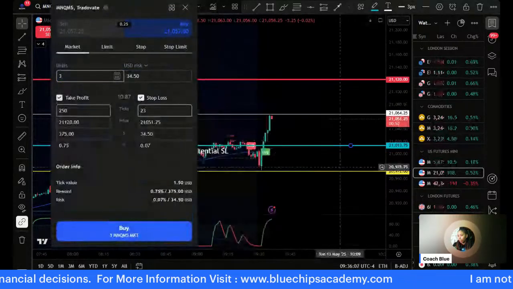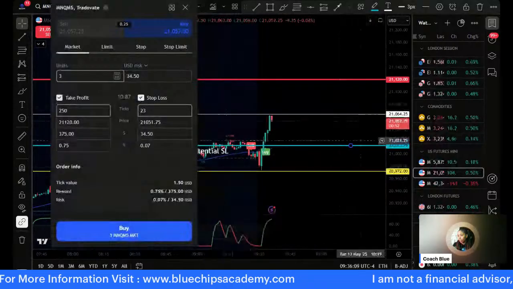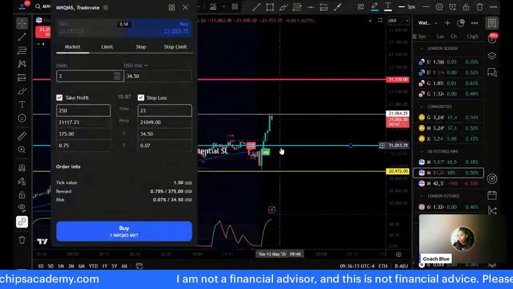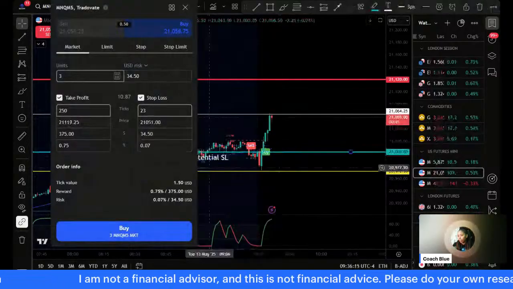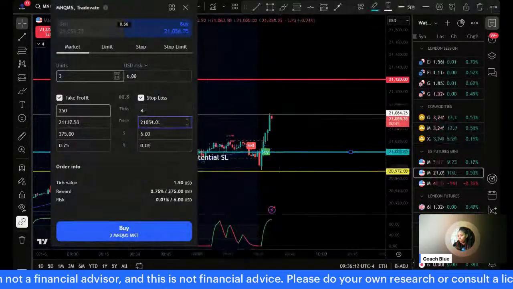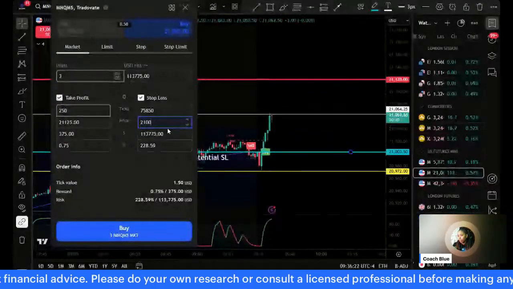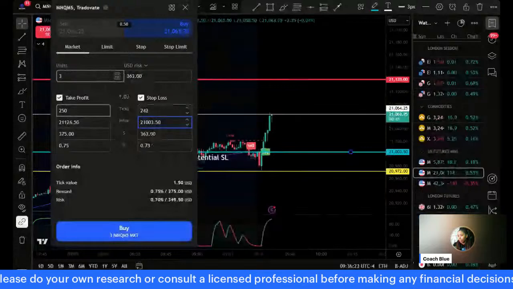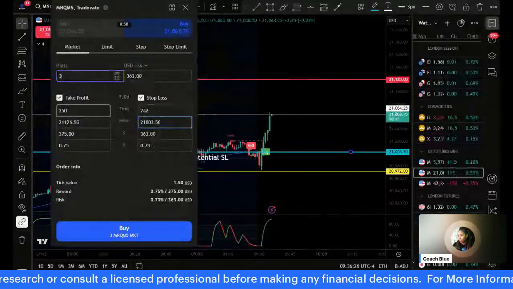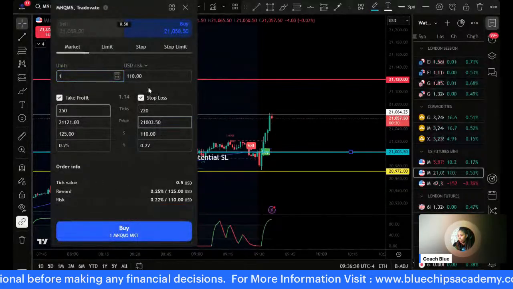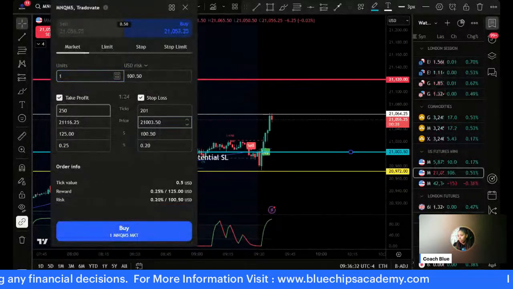My potential stop loss is going to be 21,003.50. Based on where we are, I do not want to risk all of that. One contract is good for me right now.